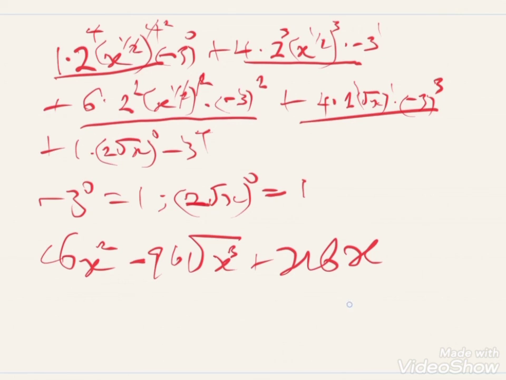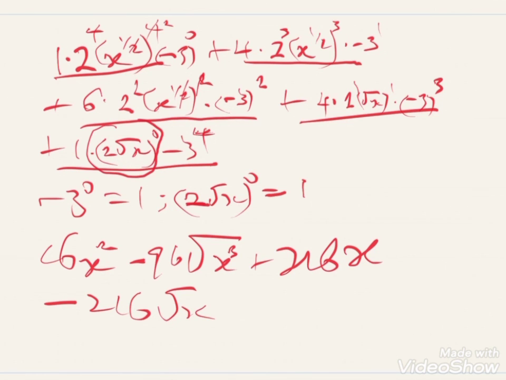So I shall have minus 216, and for the x, I have just simply root x. Then for the last one, minus 3 raised to the power 4 gives me 81. We note that 2 root x all raised to the power 0 is 1.